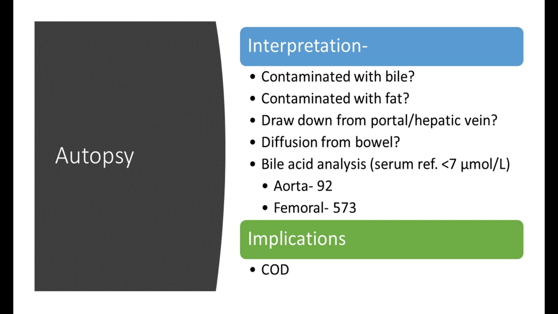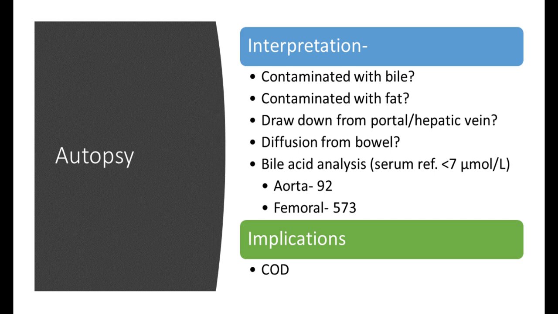The specimen itself had a funny color to it. It looked kind of green, and we originally thought that maybe it was bile, even though it was labeled as a femoral blood specimen. So we did a bile acid analysis, and you can see there that the femoral vessel bile acid was much, much higher than the aorta.